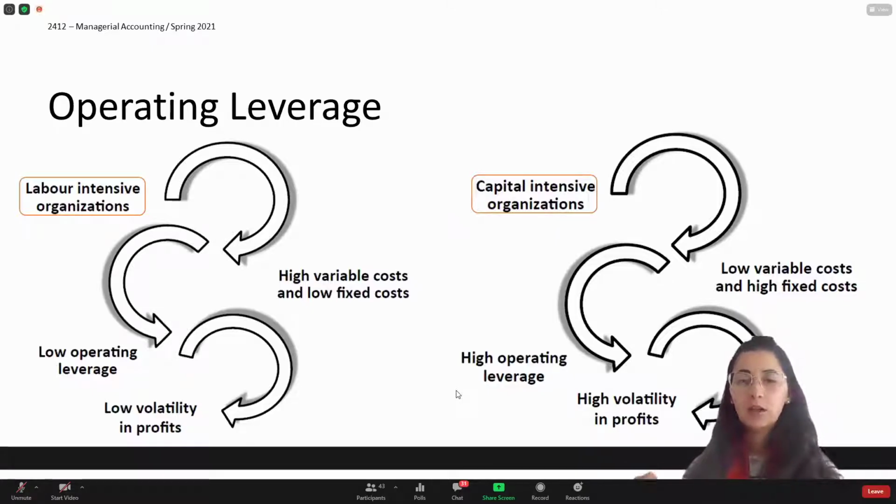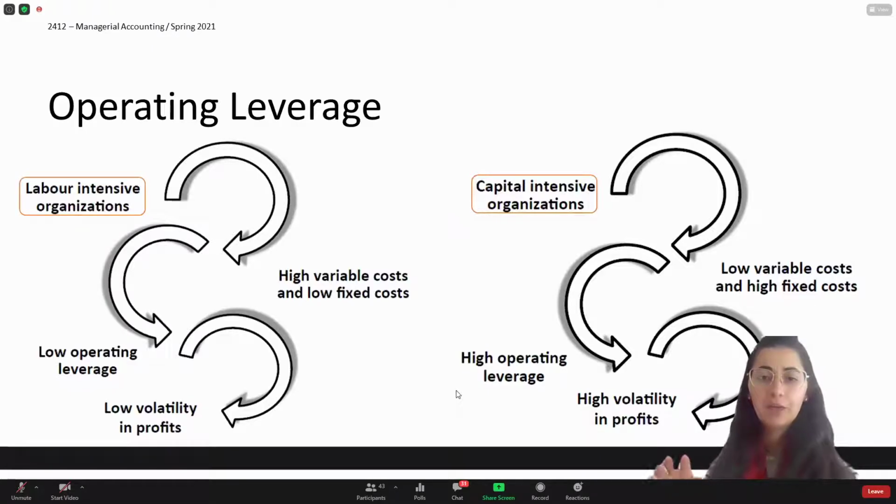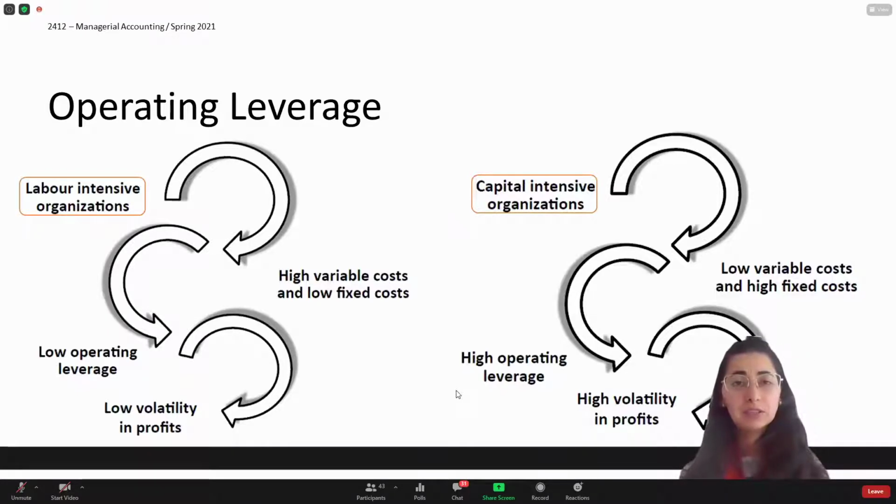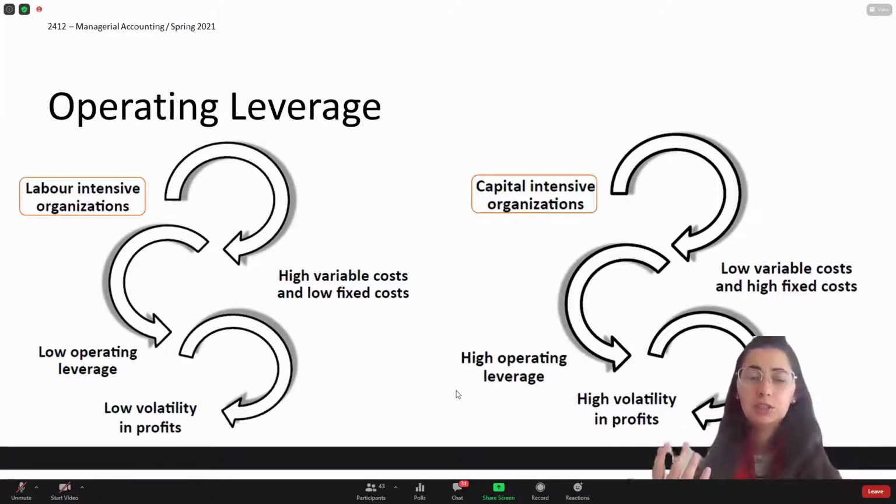These companies have low variable costs and high fixed costs, meaning that they will have a high operating leverage and therefore high volatility in profit. So these are very sensitive to changes in sales. Changes in sales will imply a huge impact on profit.